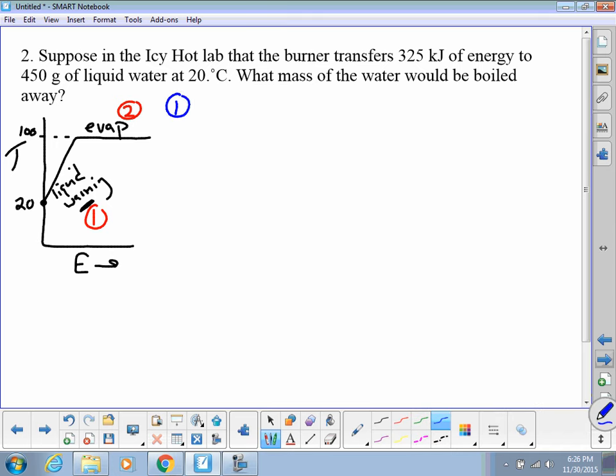Now remember, the first step here is that we're going to be warming up the liquid. So that's going to be Q equals mass times the heat capacity times the change in temperature. How much energy is it going to take to get all this water up to boiling? That's what we need to figure out first.